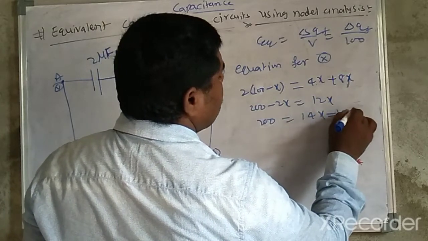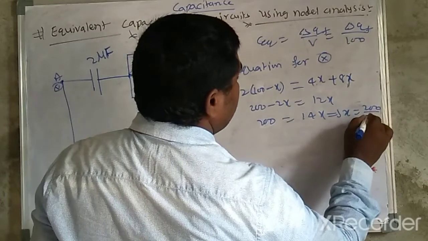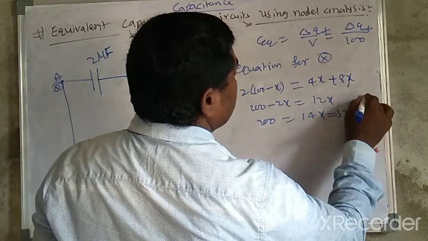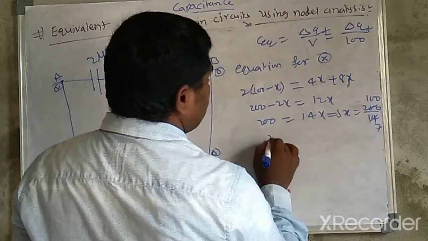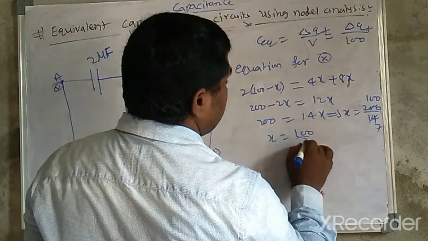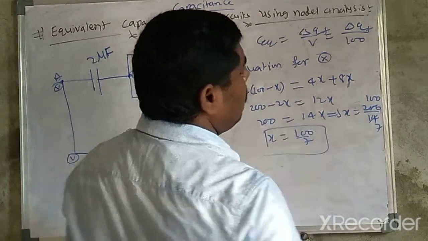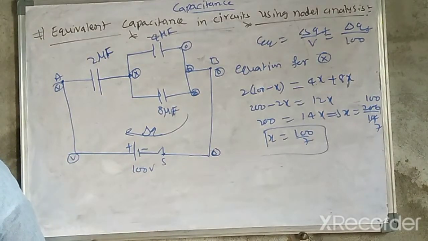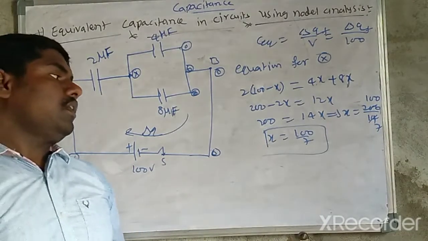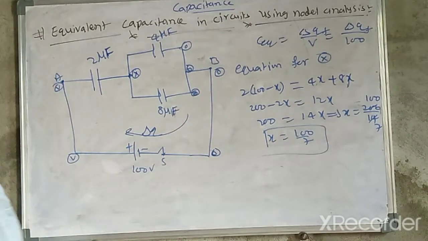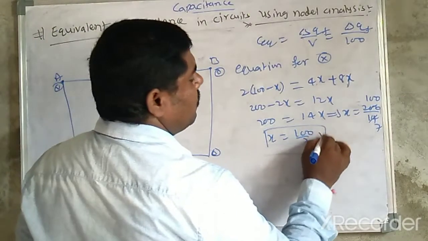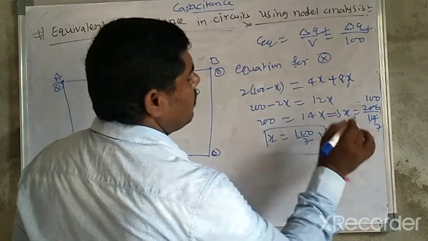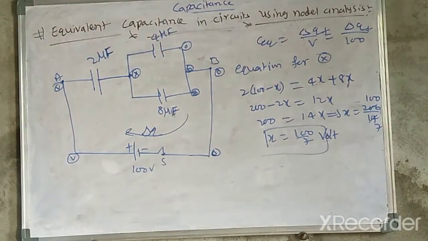From this, x is equal to 200 divided by 14, that is 100 divided by 7 volt. So the nodal point potential at x is 100 by 7 volt.